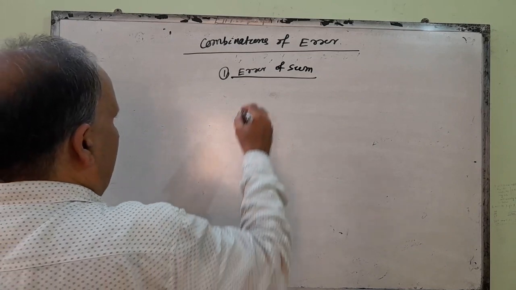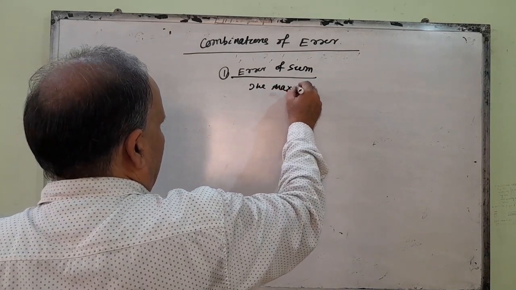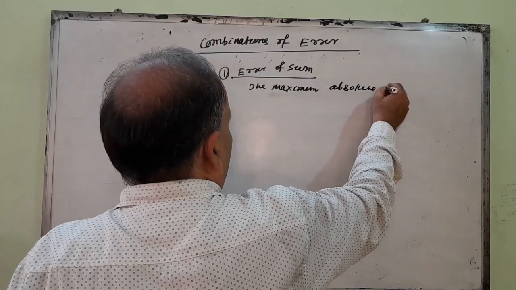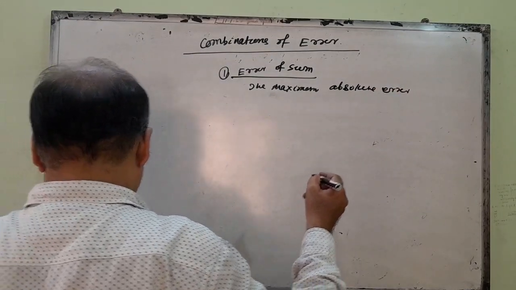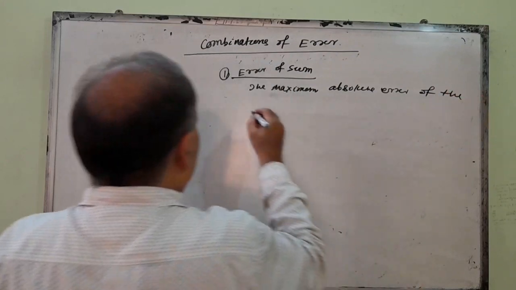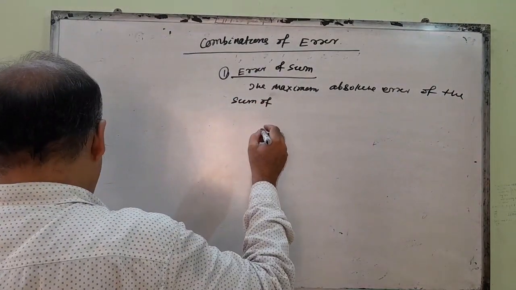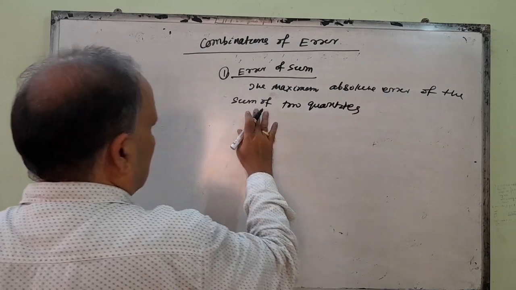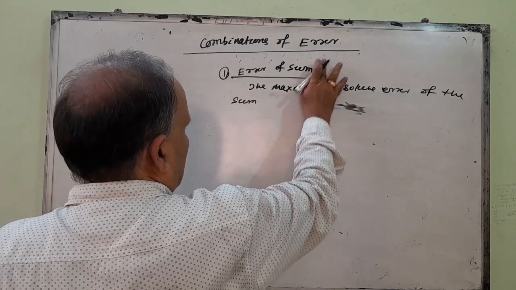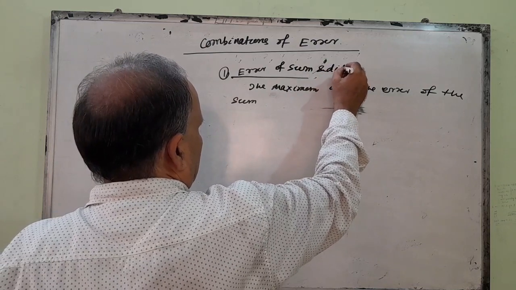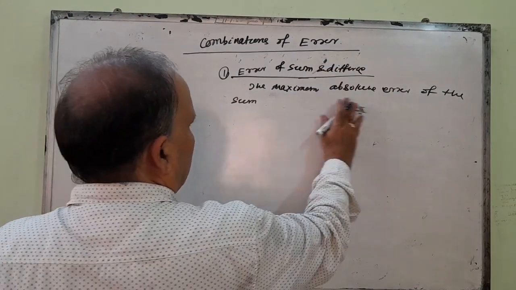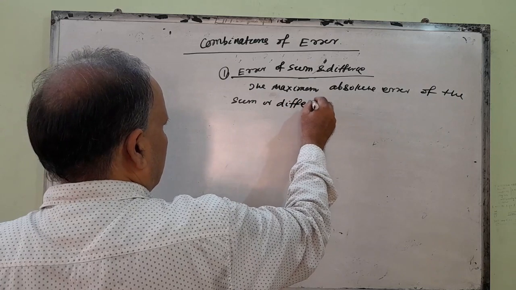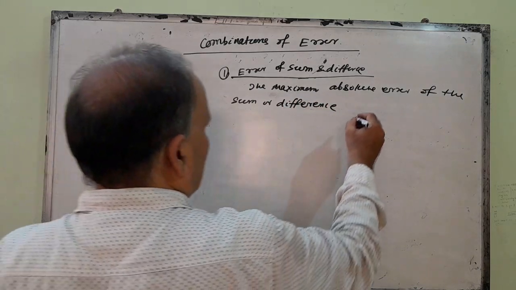Suppose the maximum absolute error of the sum or a difference of two quantities.